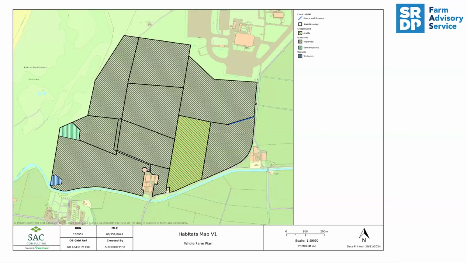The area of semi-improved grassland is actually an area where there are 5 World War II gun huts, and in terms of applying inorganic fertilizer, slurry, or manure, it's quite difficult to move across that landscape. The topography is not good, and obviously the structures there would prohibit us from meaningfully improving it. If you were to walk that habitat, you would see that it's quite distinct from the rest of the land parcel.